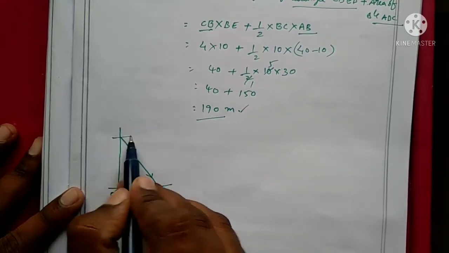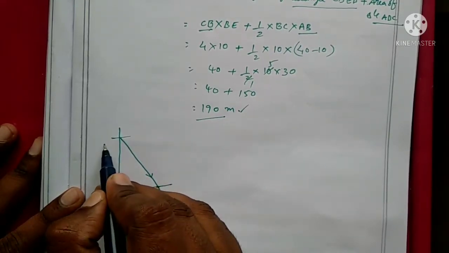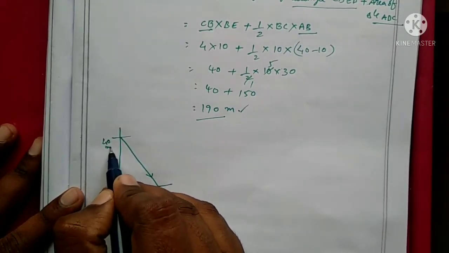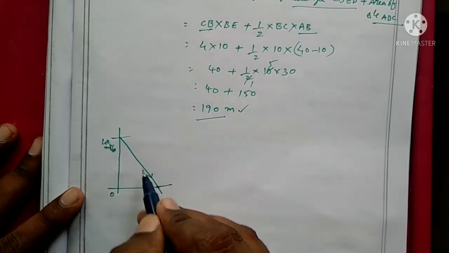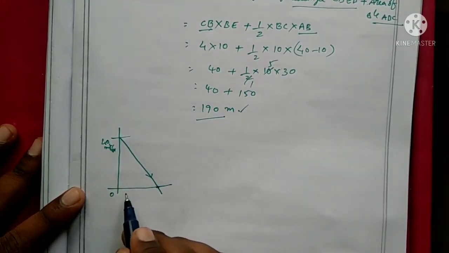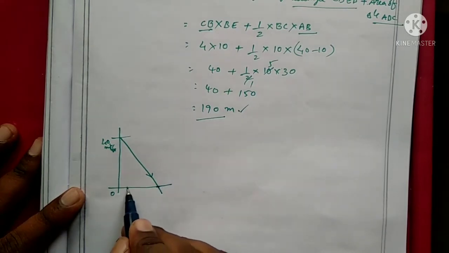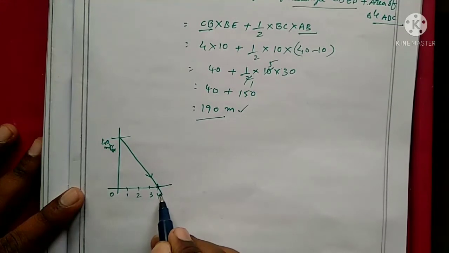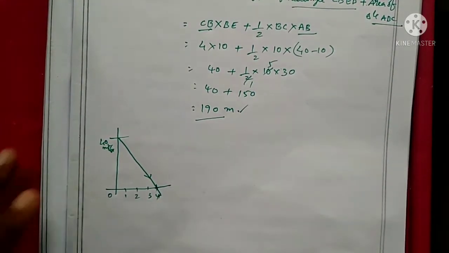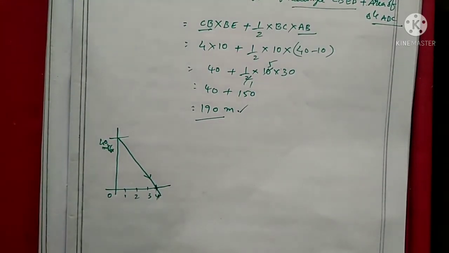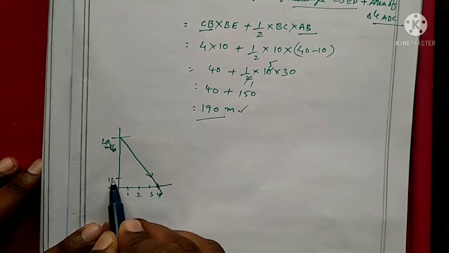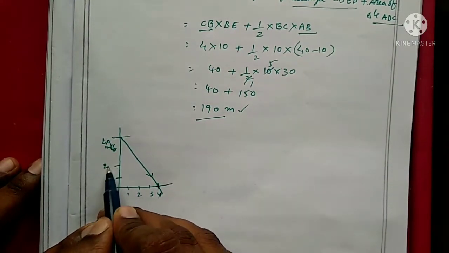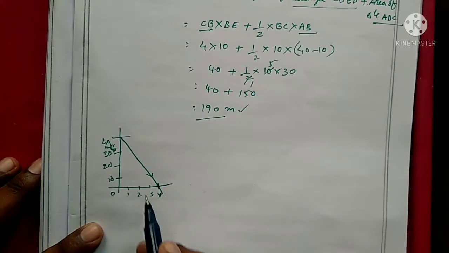Initially it is 0, and at a certain time it is 40 meters per second. Its velocity decreases with increasing time. The velocity decreases, so it tells about negative velocity. The negative velocity tells about deceleration, negative acceleration, negative slope. So 10, next one 20, 30 and 40.